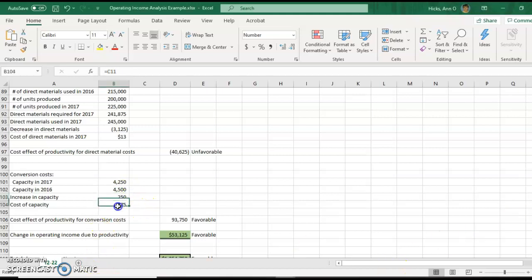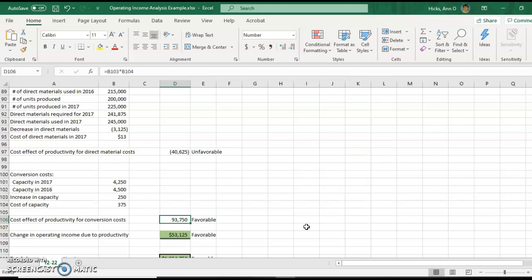The cost of capacity per customer in 2017 was $375. So if we multiply the change in capacity of 250 times the cost in 2017, we get a favorable $93,750. We were able to reduce the required capacity in 2017.